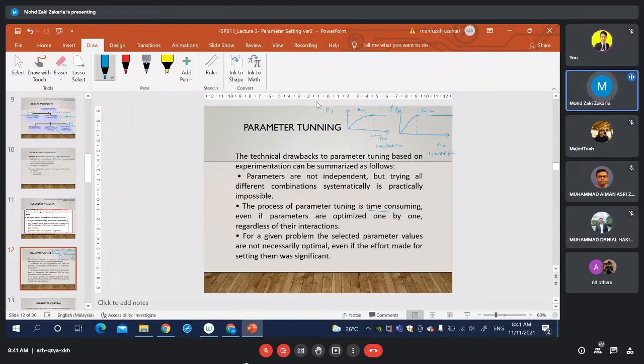But for experiment number 2, maybe at 500 iterations, we have a convergent value at this point. So that's why experiment number 2 is better than experiment number 1, because the number of iterations is less.